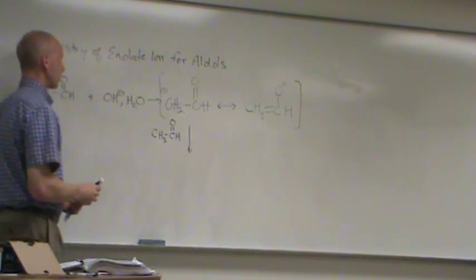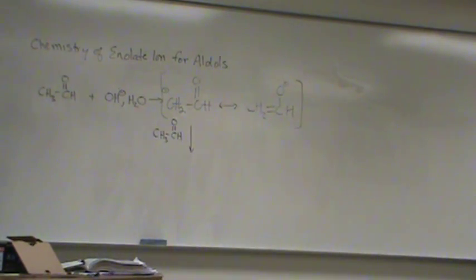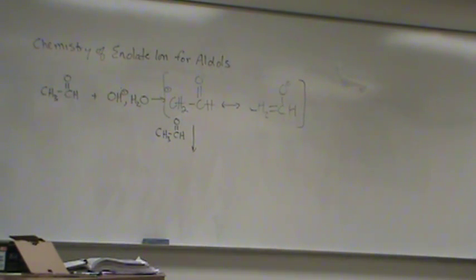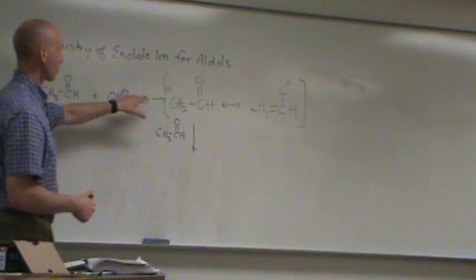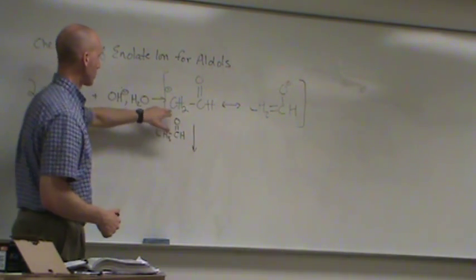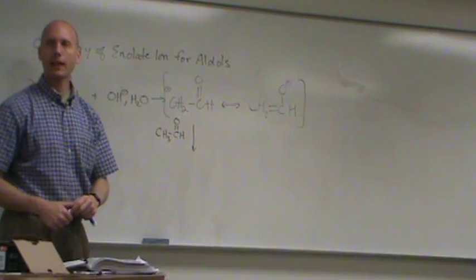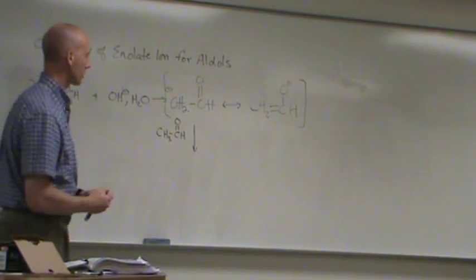So we're going to bring a second one in. These reactions will have a 2 out in front because we're reacting 2 of these together. The first one forms the enolate, and the second one is going to react with the enolate.